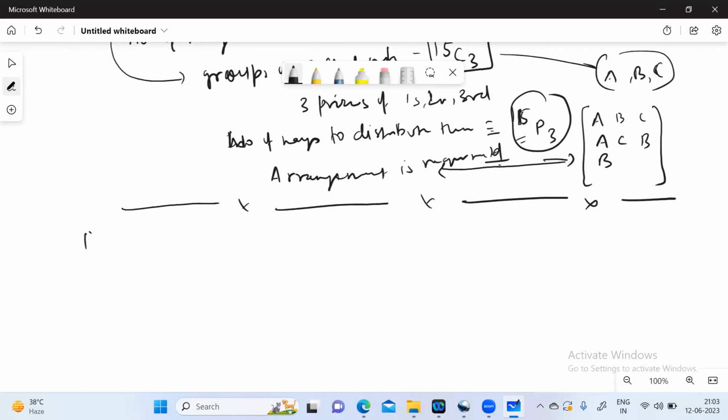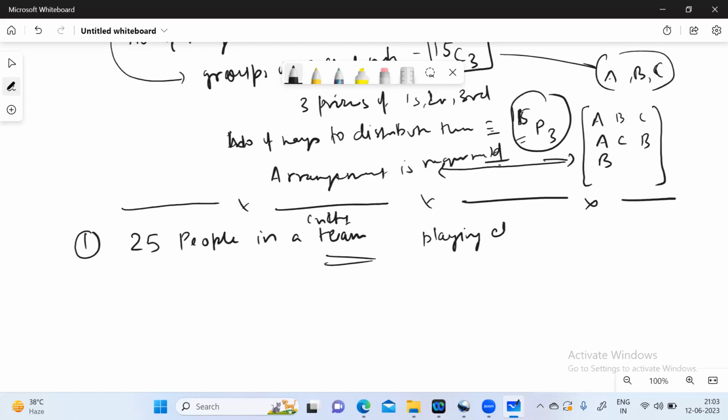So there are a total of 25 people in a team, a cricket team basically, and you need to shortlist the playing 11.